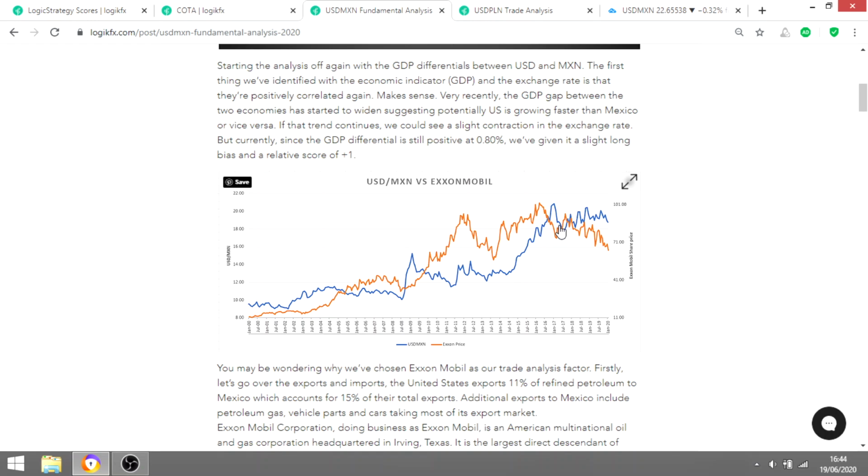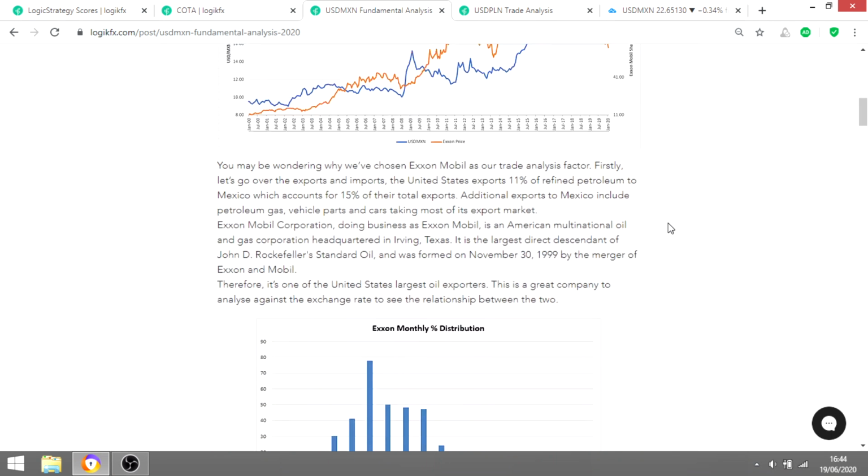It's an interesting correlation, because normally stocks have an inverse correlation to the US dollar, but in this case we saw a slight positive correlation.